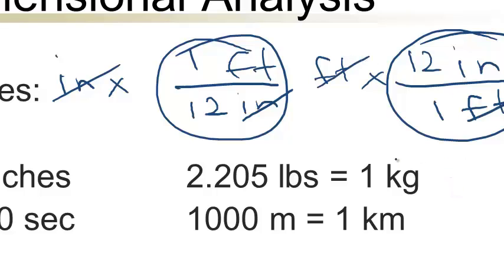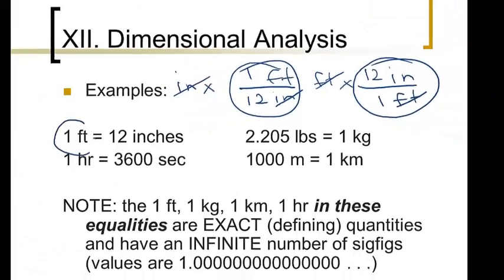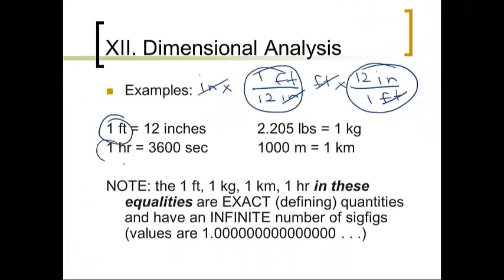Now, in terms of sig figs, because we define these equalities, we're saying we take exactly 1 foot and it's equal to exactly 12 inches. Take exactly 1 hour, it's exactly 3,600. These numbers right here are all defined as exact quantities. When you write an exact number, it is 1.000 with an infinite number of zeros, or 1,000.000 with an infinite number of zeros.